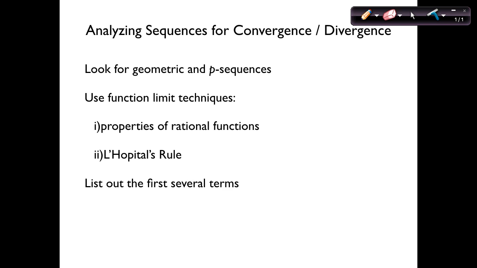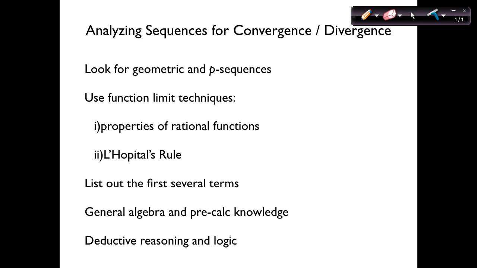Another technique is just to list out the first several terms. Sometimes that's enough to see exactly what's going to happen, especially for some that diverge. You can see just by listing out 4 or 5 terms that it's going to diverge. And then there's going to be some algebra, pre-calc and deductive reasoning in these. All these things come into play, sometimes in combination.